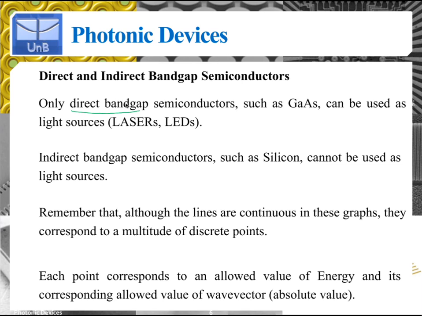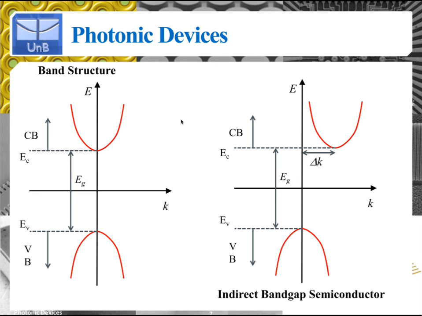And the reason for this is that, as we'll see later, in a source you have emission of light associated with the downward transition of electrons, which are originally in the conduction band and make this downward transition to the valence band, and the energy difference that the electron loses is given off as a photon.